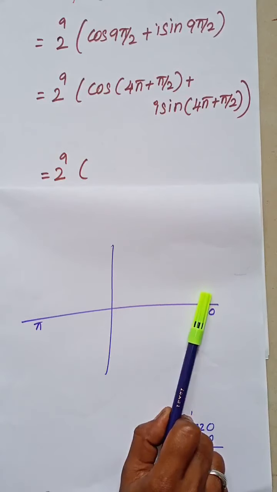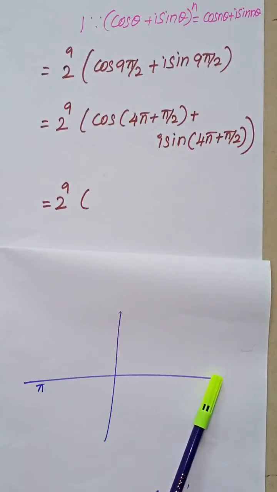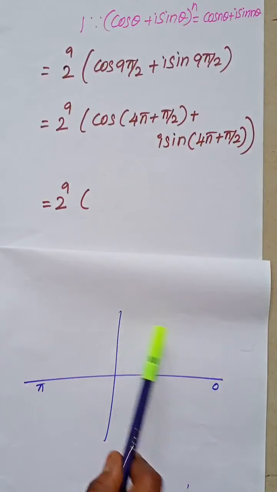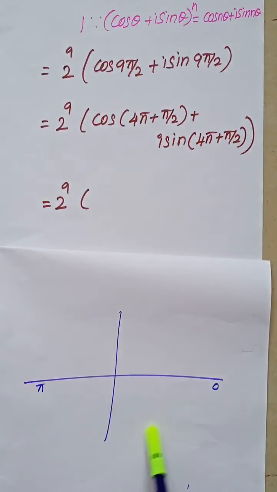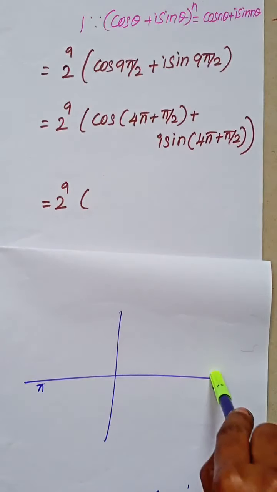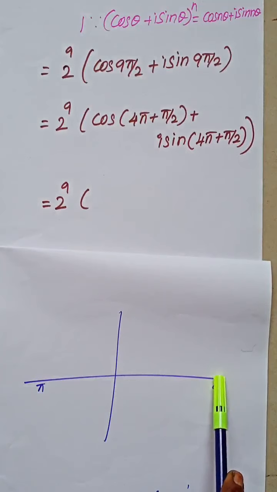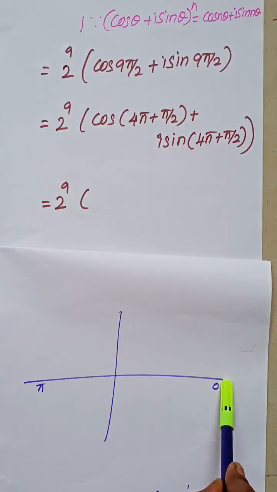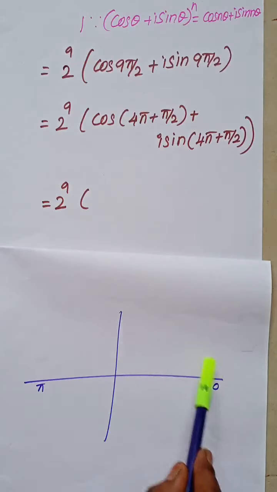One circle is 360, and again another round gives 720, which occurs here, starting at the origin. Plus pi by 2, that is theta.